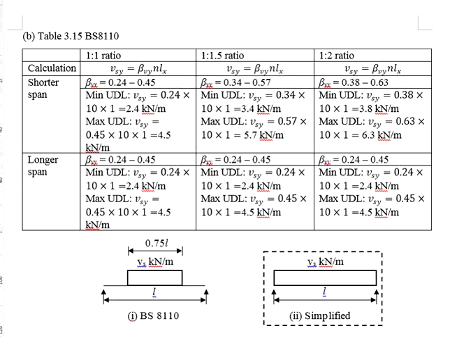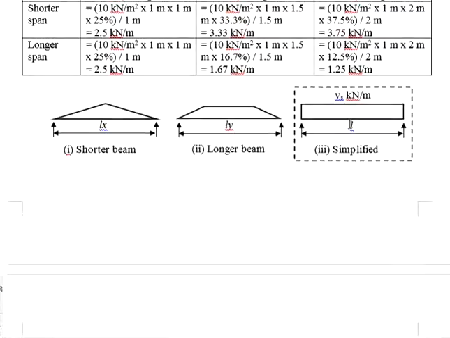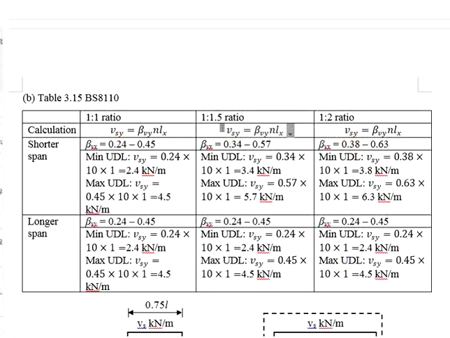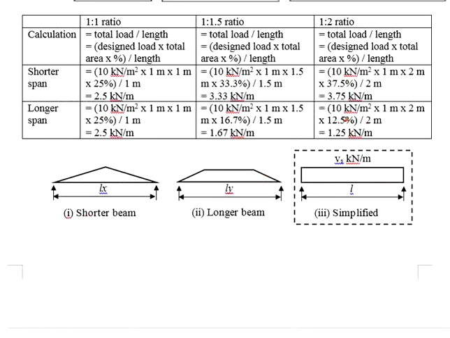As you can see here, the UDL increases as the Ly per Lx increases. This response is similar to the U-line method. However, as for the longer span, it remains the same, but the U-line method reduces.